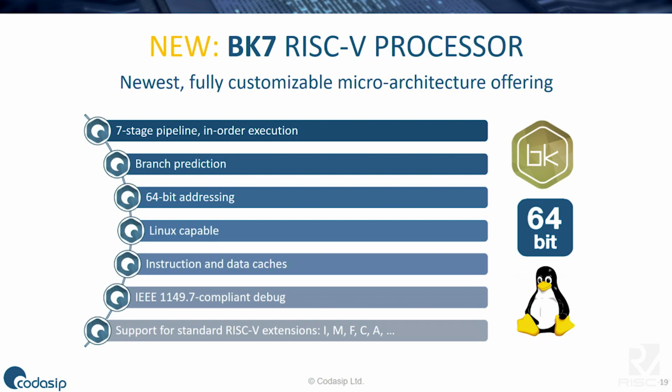So it has branch prediction, it has MMU, 64-bit addressing, instruction cache, data cache, JTAG debug system, and thanks to the Studio, you can pick and choose whatever ISA extensions you want. Obviously, if you would like to run Linux, you have a certain set. But if you are not interested in Linux, you can remove or reduce the number of extensions you have in the BK7 in the end.